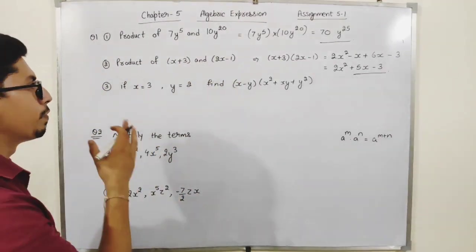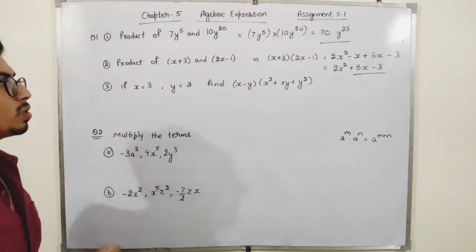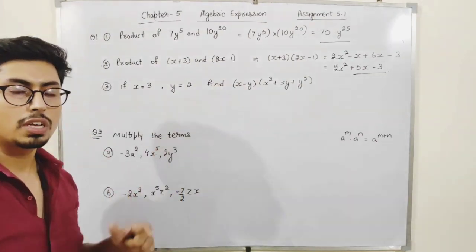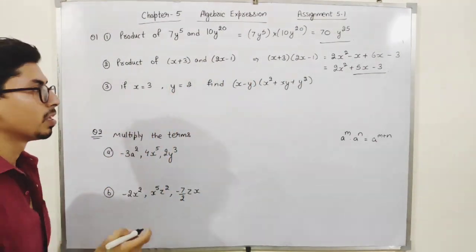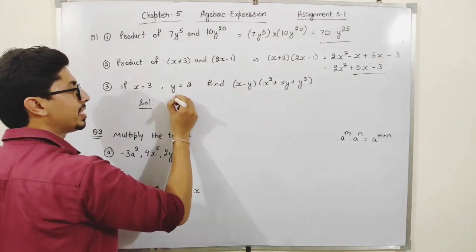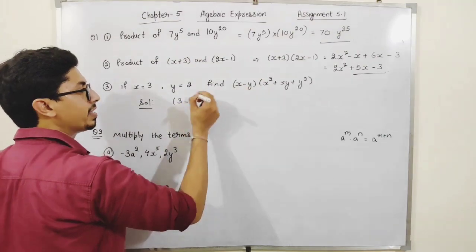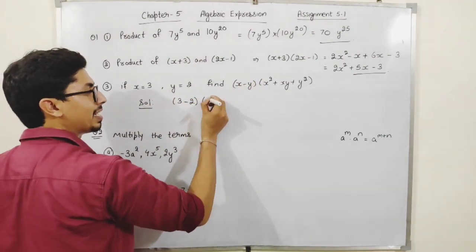Now moving forward to the third part, students. If x is equal to 3 and y is equal to 2, I have to find out the value of this. So we will just do one thing: I will put the value of x and y here. So see, the solution will be: x is equal to 3, so 3 minus y is 2. x is 3, so 3 square is 9.